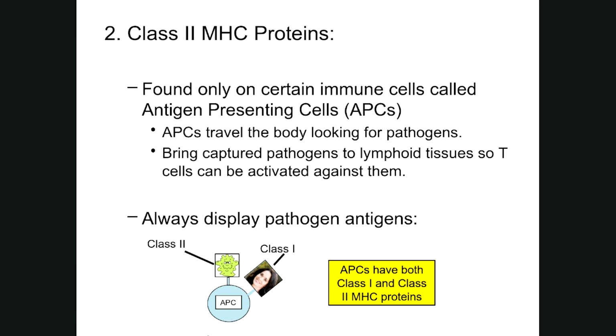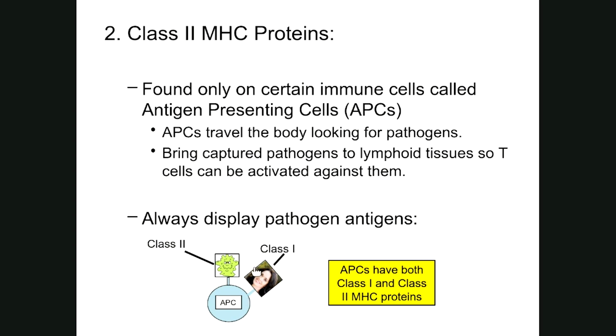But if you think about an APC that has phagocytized a bacterium or a virus or something else that it found in the body that's harmful, and it's now displaying proteins from that harmful substance on its class 2 MHC, it's very important that we also have the class 1 displaying self-antigen.